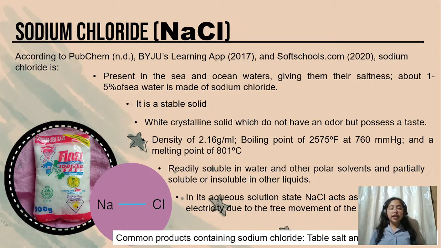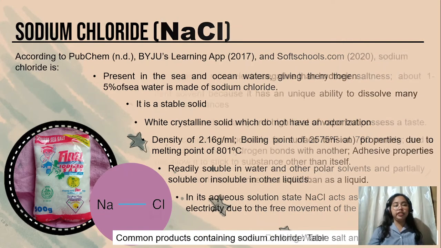In its aqueous solution state, NaCl acts as a good conductor of electricity due to the free movement of the ions. Common products of sodium chloride are table salt and baking powder.